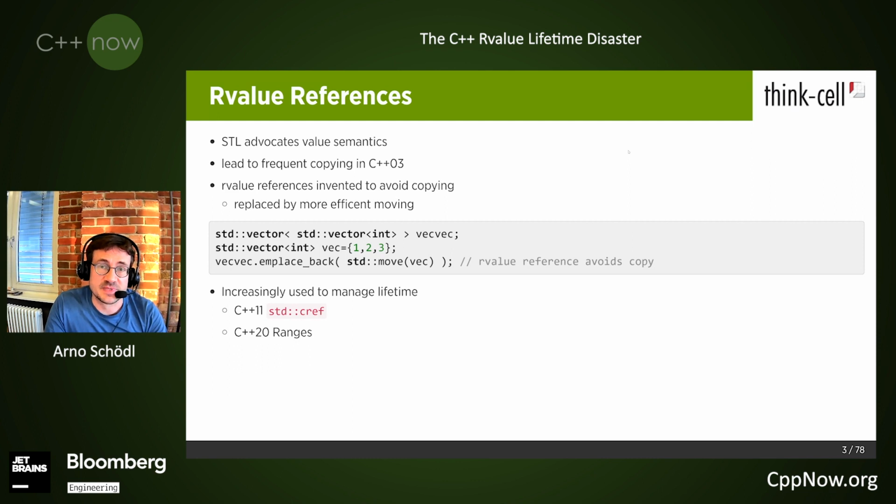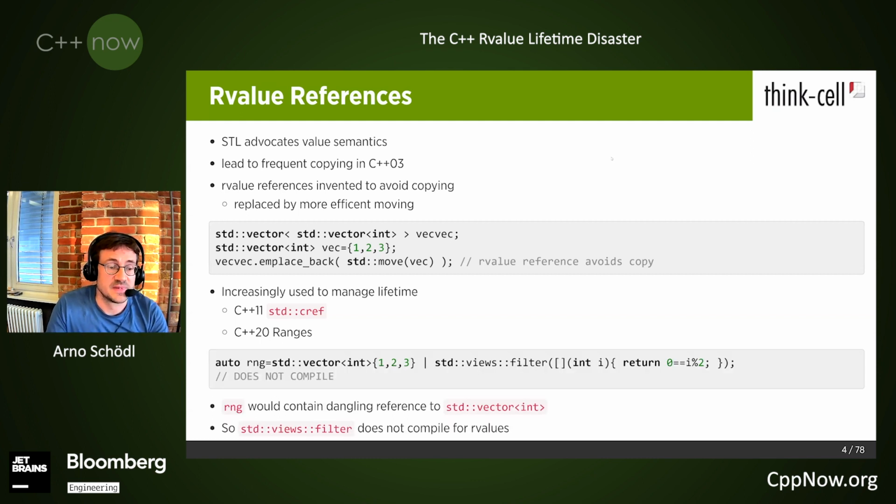And now with C++20, ranges were introduced, and ranges contain references to containers in particular. And these ranges may dangle if that container goes out of scope. So if you have something like this, you are building a std::vector, and then you are applying a filter, the resulting object will not actually do the eager filtering.